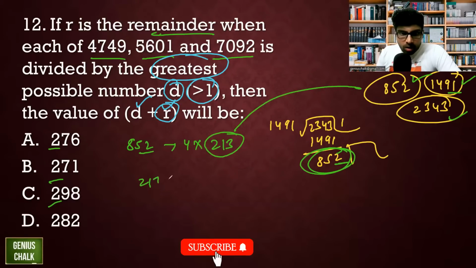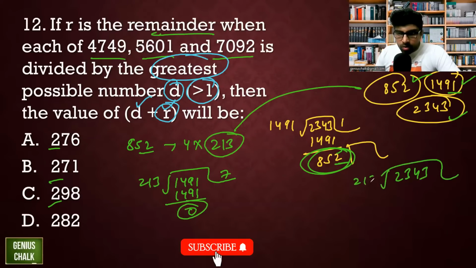So 213. If I check for 1491, 13 7s are 91, so it is completely divisible. Yes. And if I check for 2343, let's check 213. This becomes 213. This is 1. This is 2, and it is also divisible.